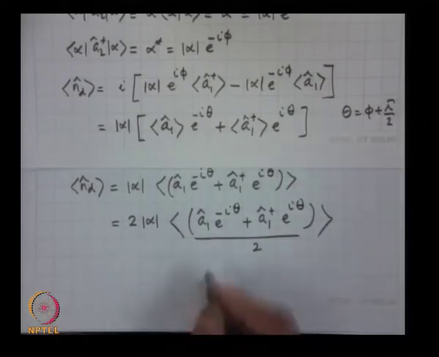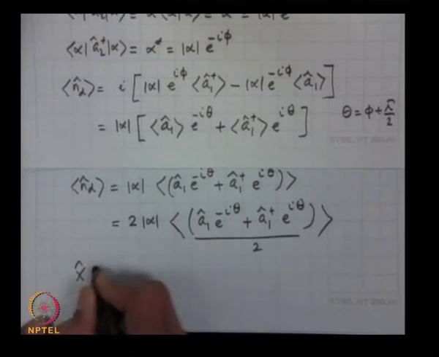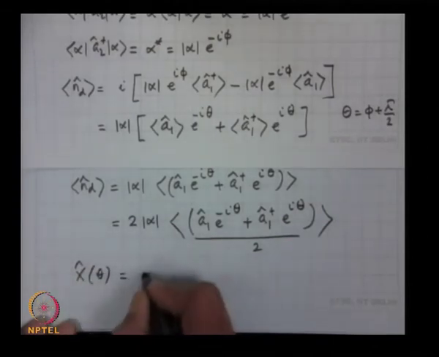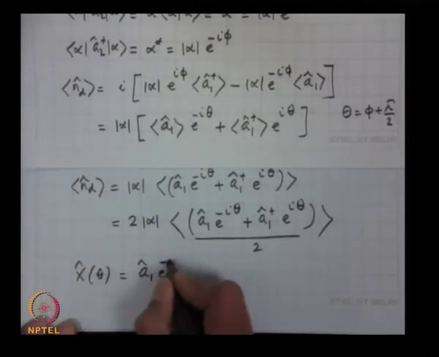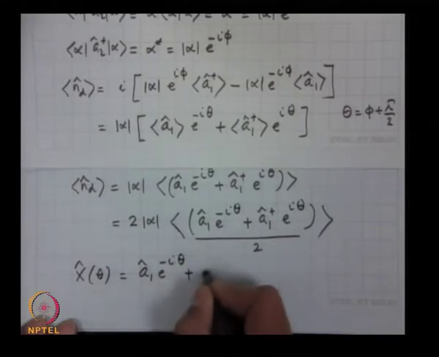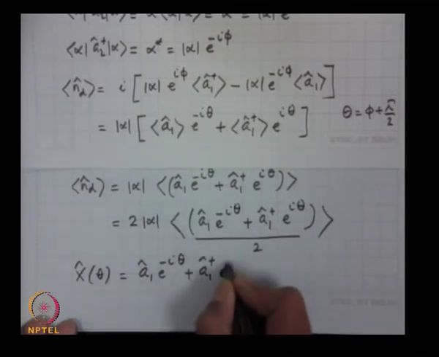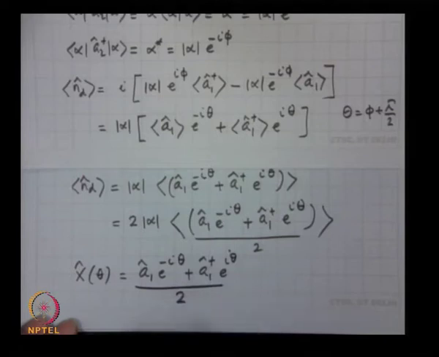So let me define this as, x of 0 is x operator, x of pi by 2 is y operator.